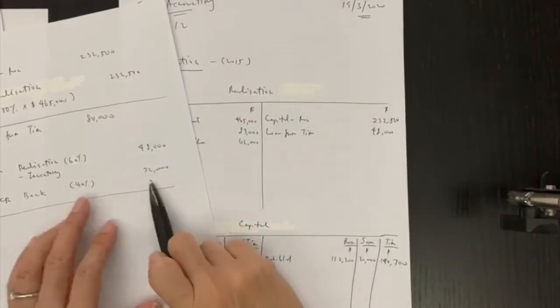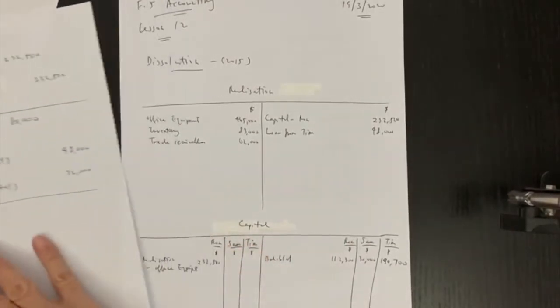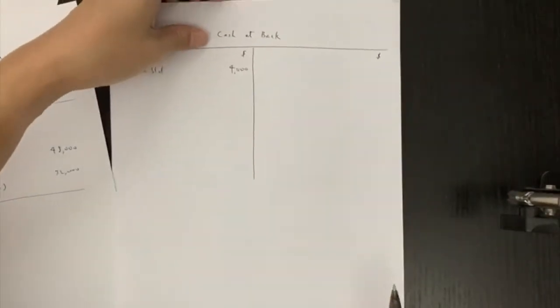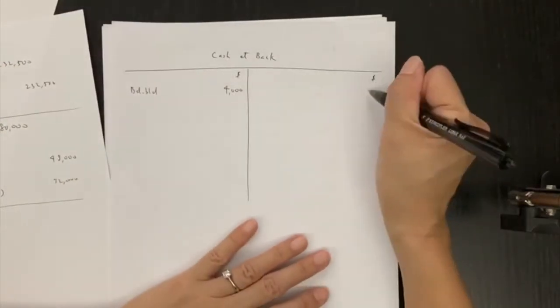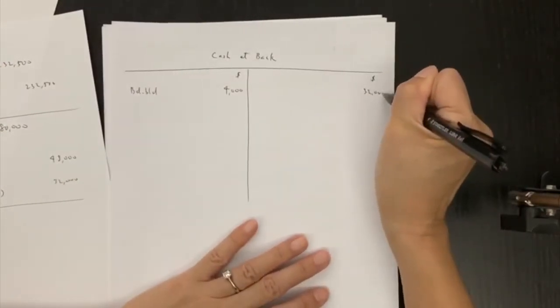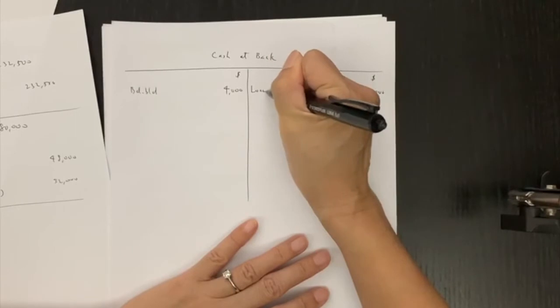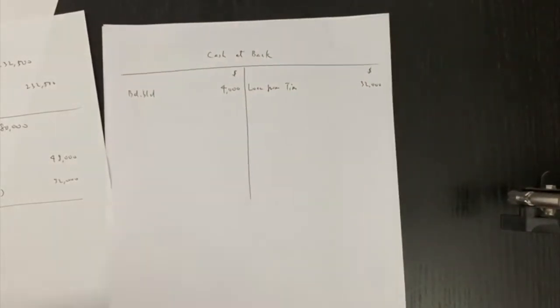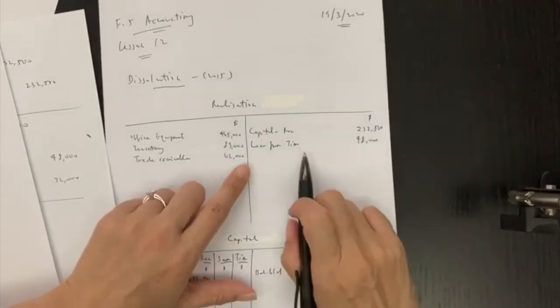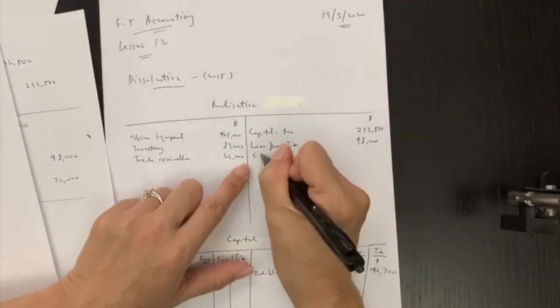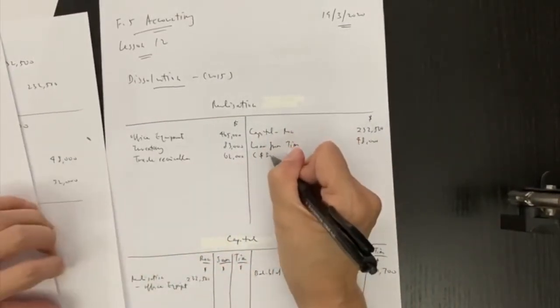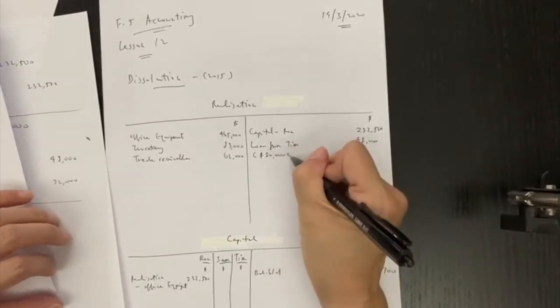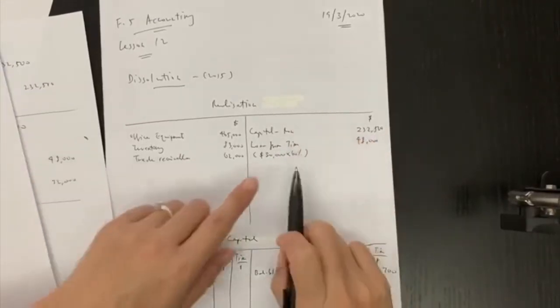Okay, and then I need to go to the bank accounts. On credit side, 32,000, which is also loan from Tim. Okay, and sometimes we have to put the steps and workings here. So which will be 80,000 times 60%.